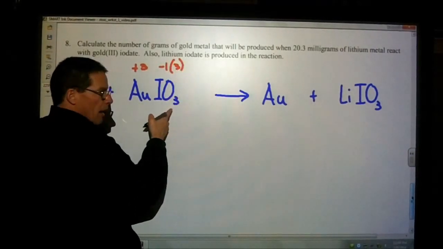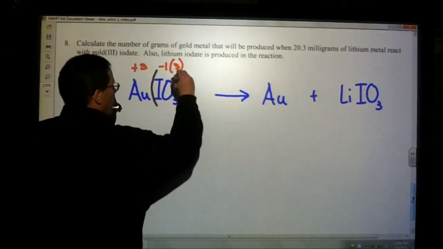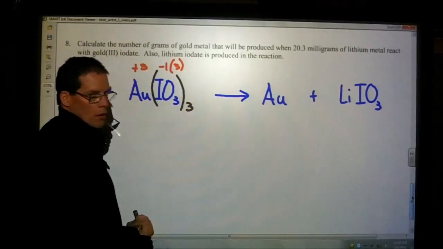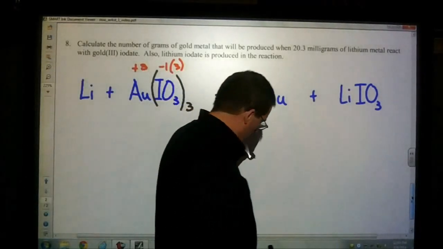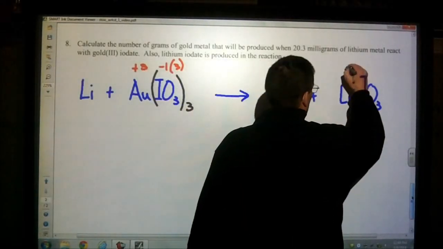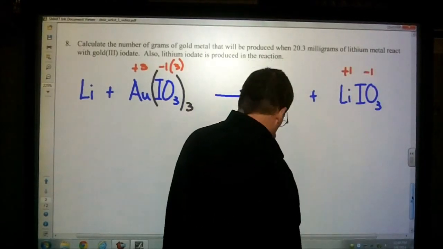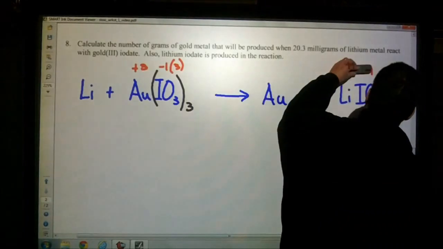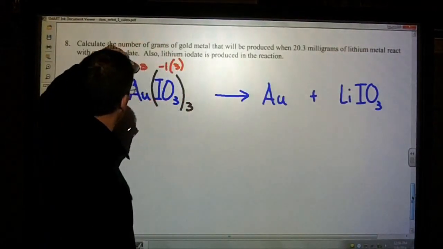We have 3 when we put our parentheses and write a 3. Okay, so there's our gold iodate. Coming over here, our lithium iodate. Lithium is a +1 charge, iodate's a -1. That one's good to go. That's what we wanted to do: balance those out, make sure they were good.